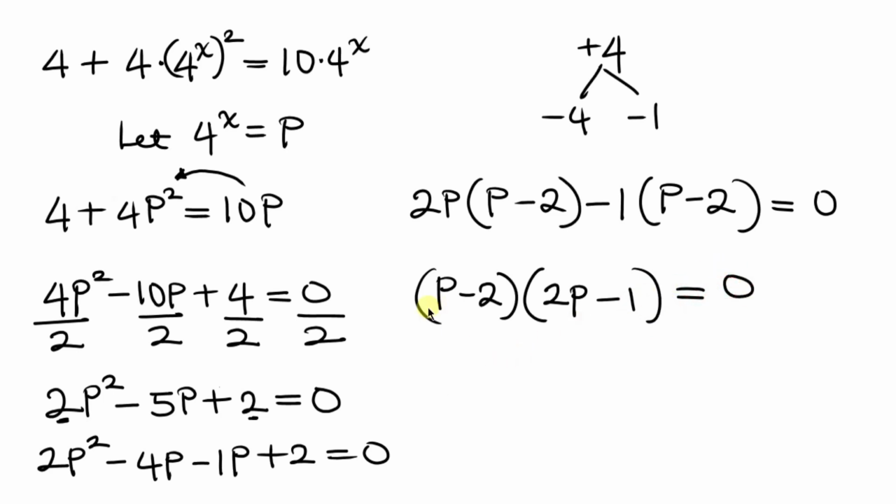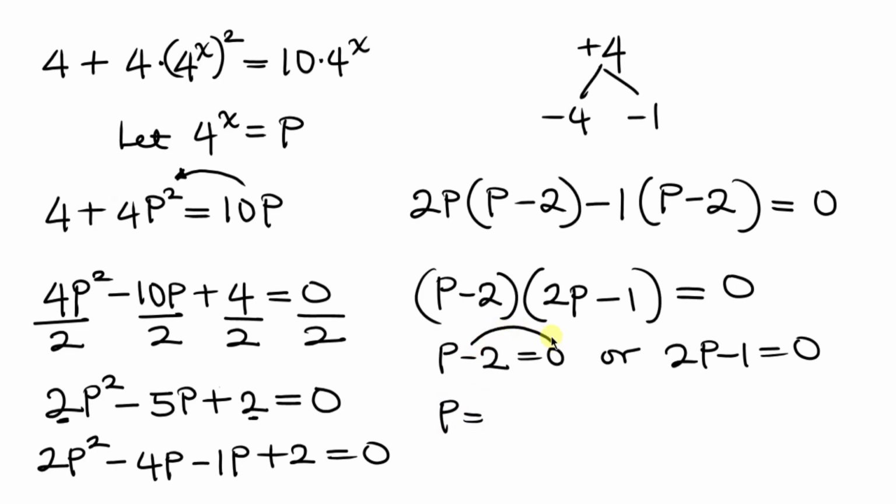So we have two cases. We have p minus 2 equal to 0, or we have 2p minus 1 equal to 0. From here, the value of p will be equal to, as negative 2 crosses to the right, it becomes 2.